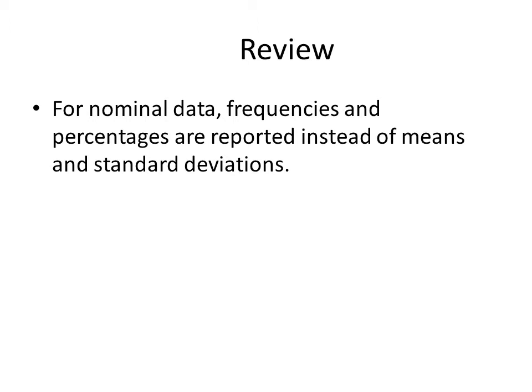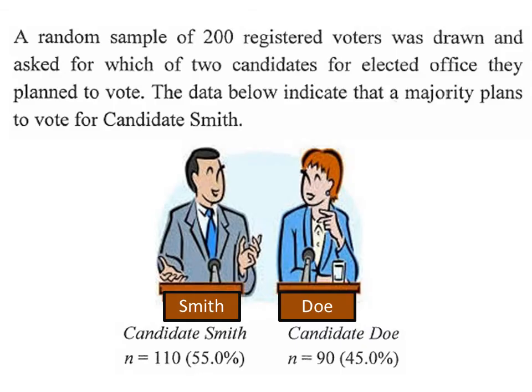So instead of reporting means and standard deviations, the researchers report the number of participants who named each category, like each political candidate, and the corresponding percentages. Let's look at an example that illustrates this type of report.